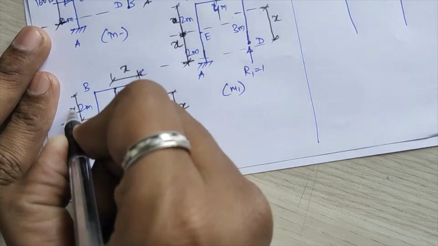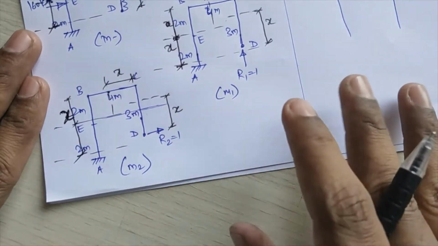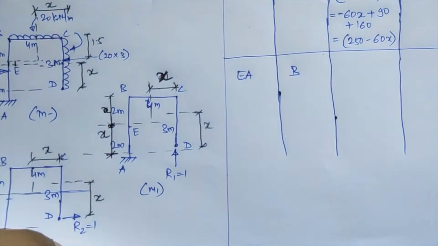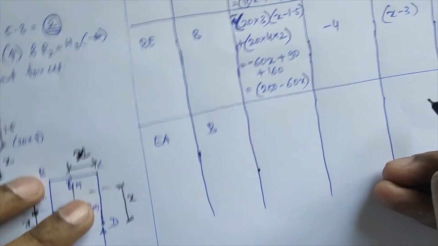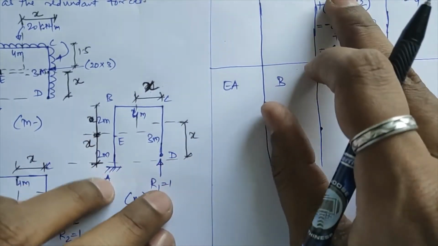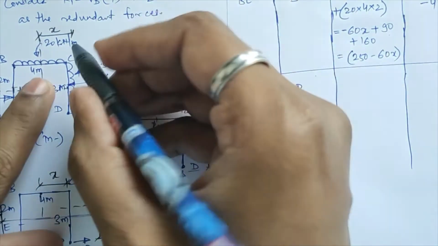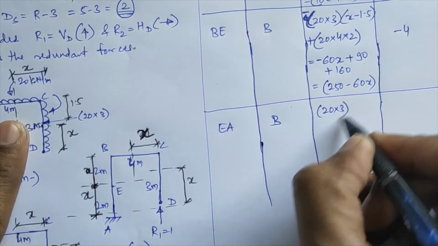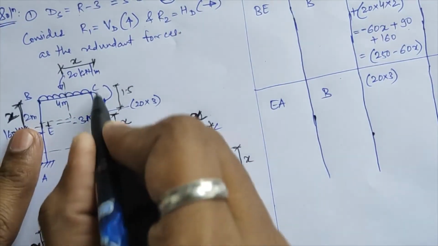Here you are having this new x now, right? Now you have to take the moment of all the sections over there. EI value is given here as 2I, so I'll write 2I here. First we will see for this UDL. Again same total UDL will be acting, that is 20 into 3, and that will be acting at the half of this 3.